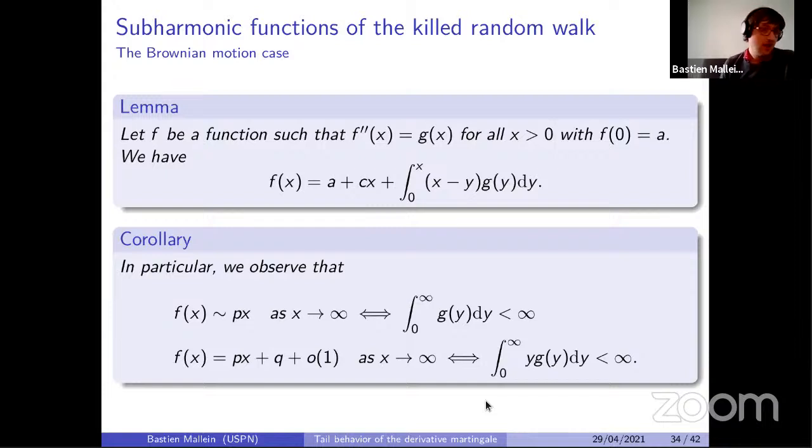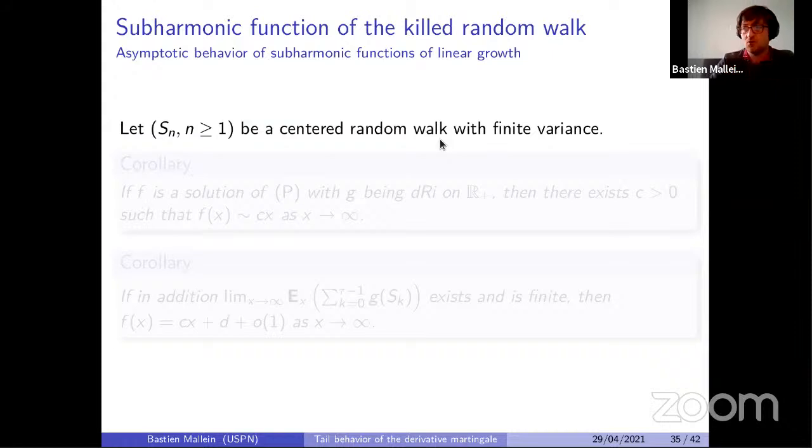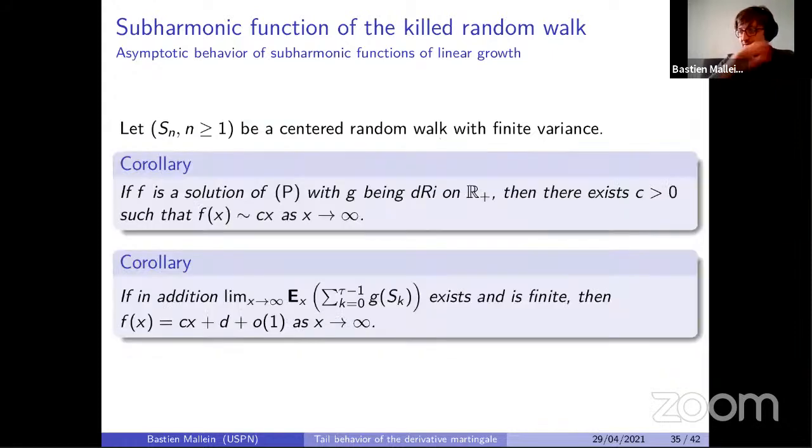And we can do the same thing in the random walk world, but without using the differential equation. And we have exactly the same two results. So if we have a solution to the Poisson equation, then we know that automatically the function f grows exactly as some constant times x as x goes to infinity.